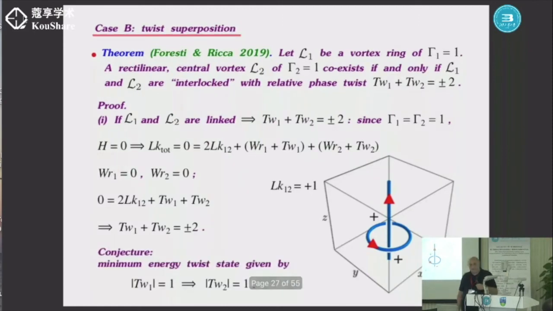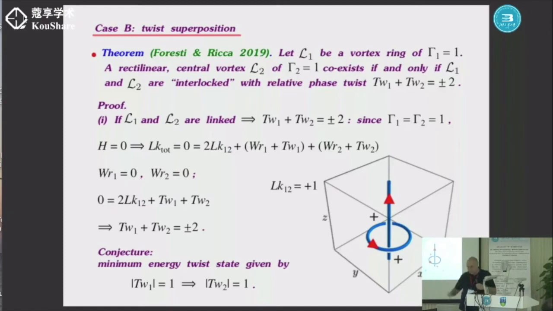Now, I just like to add, for the moment as a conjecture, but we are very close to proving it. We are considering the Hamiltonian and the Hermitian form of the Hamiltonian in terms of twist, and you think that twist in terms of energy goes as a square, and so you can prove that evidently twist equal 1 gives a twist equal 2 and gives the minimum energy state of this excited state.